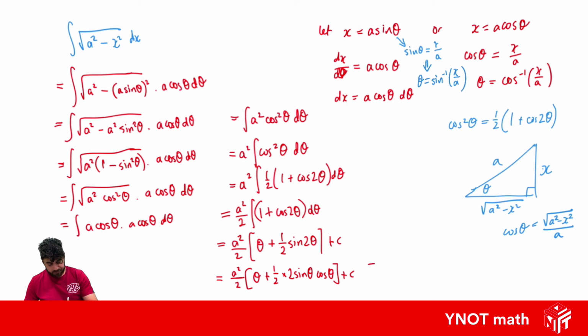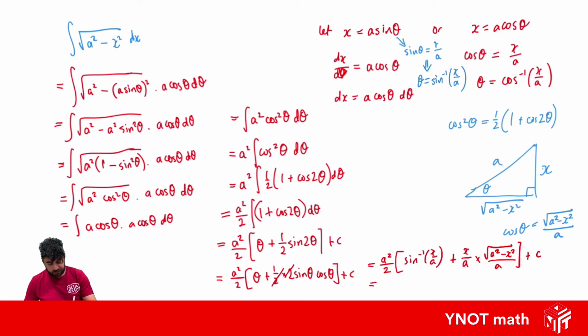So we're going to get a squared on 2, all outside of theta, which we know is the inverse sine of x over a. The half and the 2 will cancel. Sine theta is x over a. Cos theta is the square root of a squared minus x squared all over a, plus a constant. And we can tidy this up.